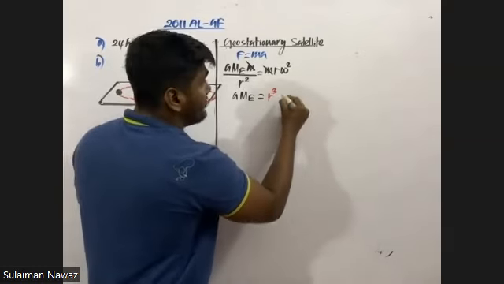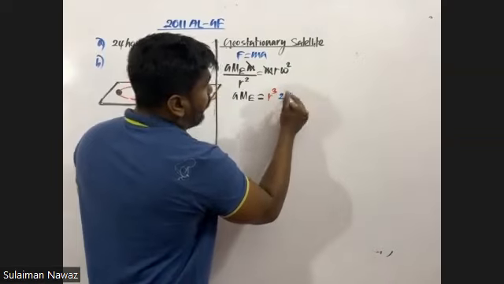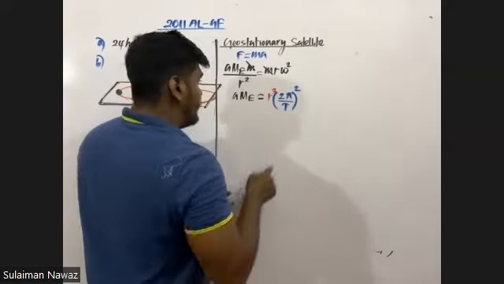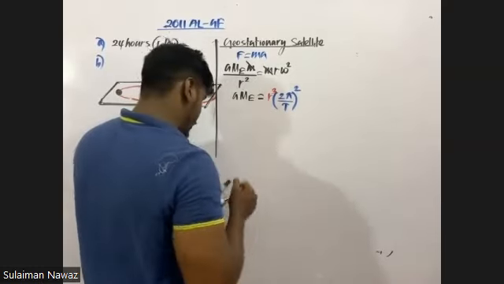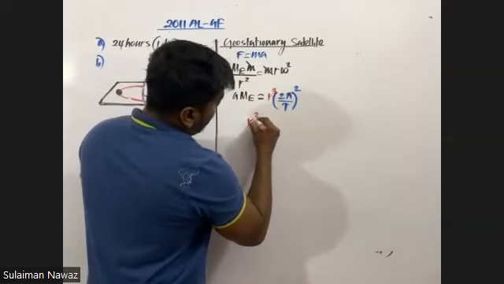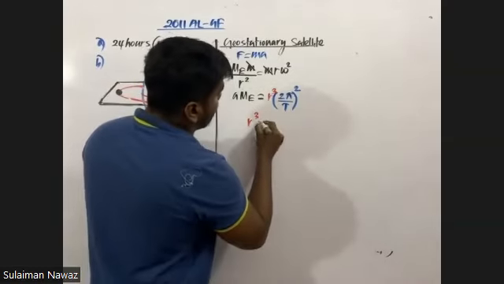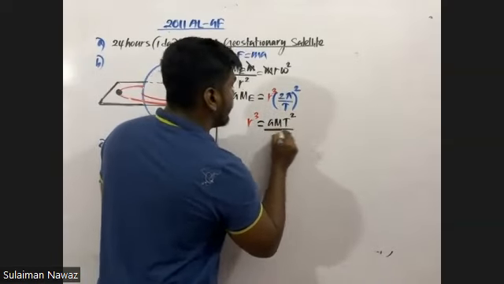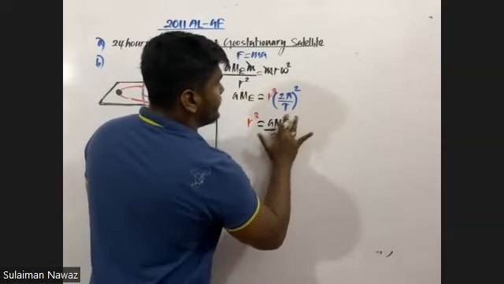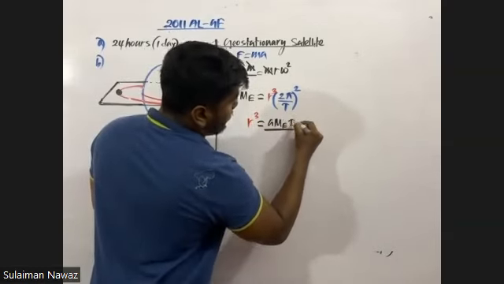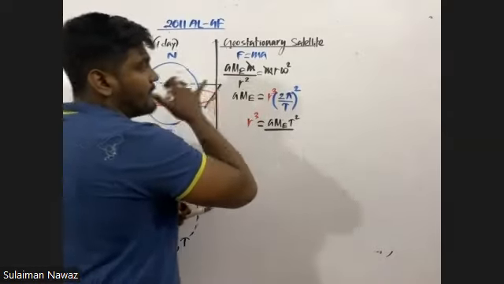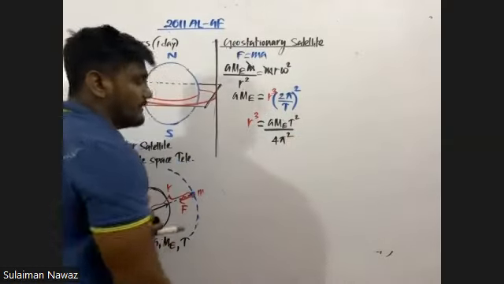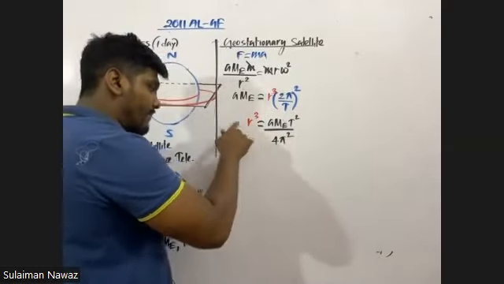Omega squared I can write as 2 pi over capital T, whole squared. Then, making r cubed the subject, r cubed equals G capital M E capital T squared over 4 pi squared. This is your r cubed, but you need to find small r.